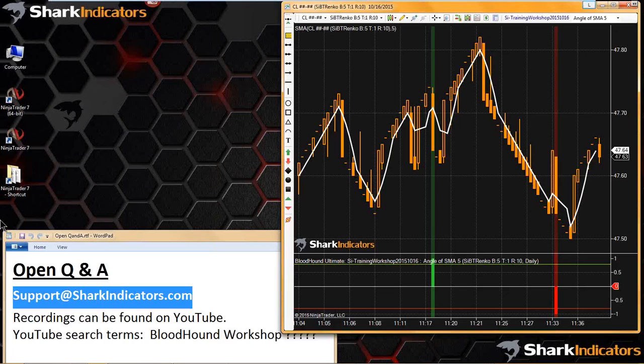I'm not sure if that's an acronym or the actual name of the indicator. What Mark wants to do is take this moving average and close out the trade when the full candle touches that moving average.